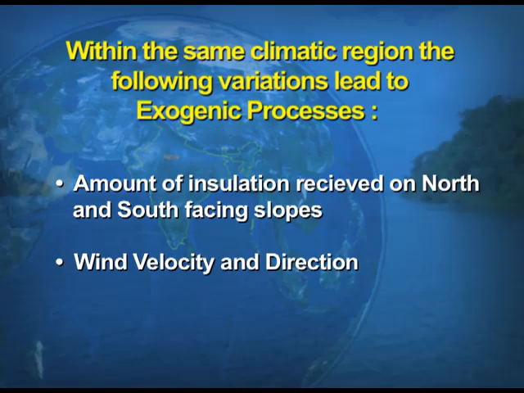That is the amount of heat received by the earth, that is known as insolation. So, that insolation does not remain the same everywhere. So, the exogenic processes also vary on that part. Now, the wind velocity and the direction, because the velocity of the wind changes under certain conditions, and the direction also does not remain the same.